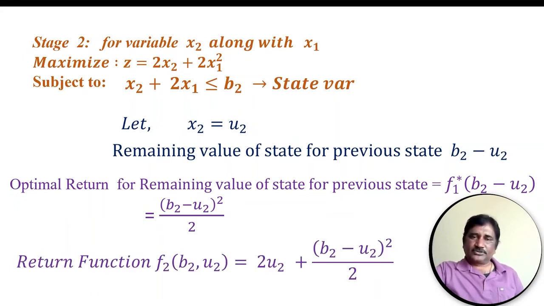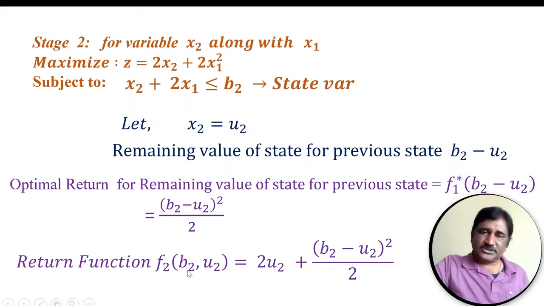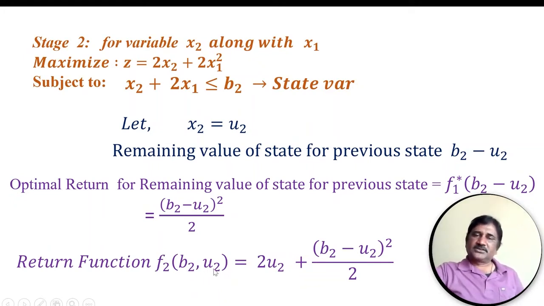So here it goes. The return function f2 of b2 and u2, for the combination of state and alternative, is 2u2 plus the optimal return from the previous stage, that is b2 minus u2 square by 2.